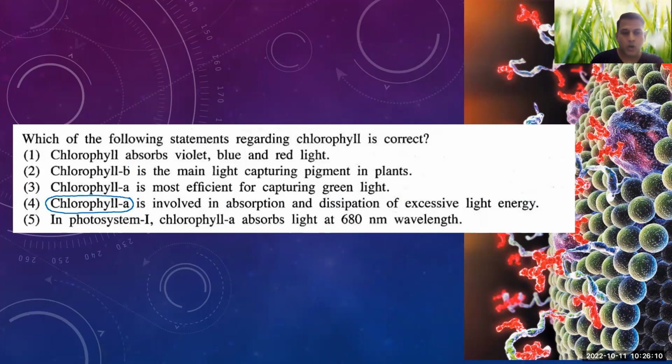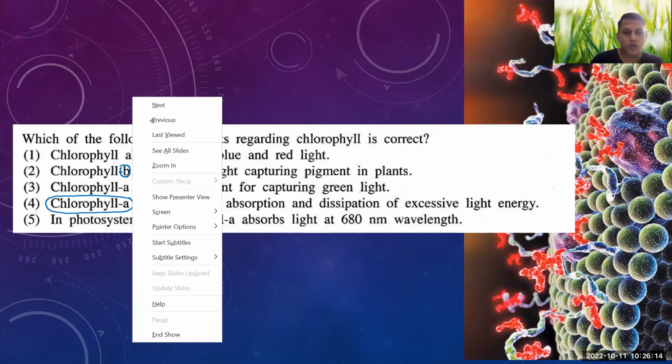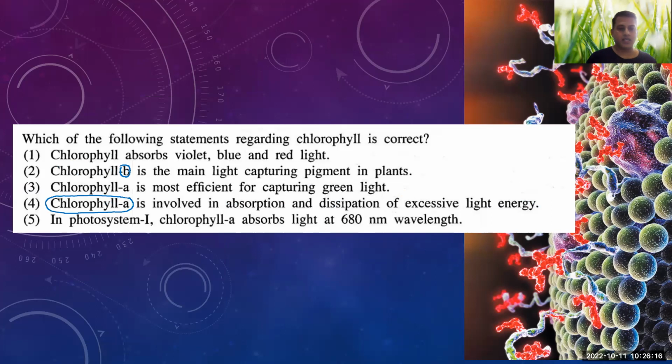And this word is only A. So, chlorophyll A is the main light capturing pigment in plants. Chlorophyll A is most efficient for capturing green light, so it should be replaced with blue and red light.